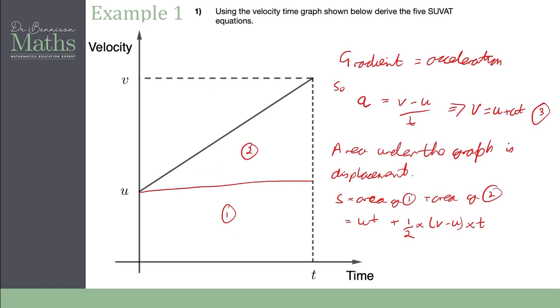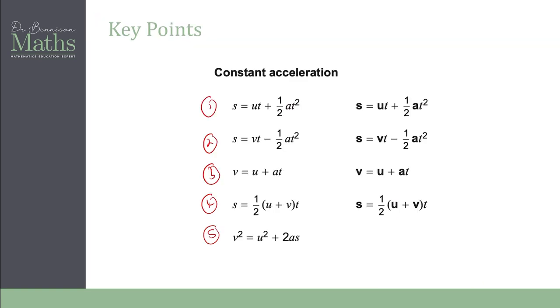So this essentially says that s is ut plus a half at times by t, which is our familiar s equals ut plus a half at squared. And that is equation 1.